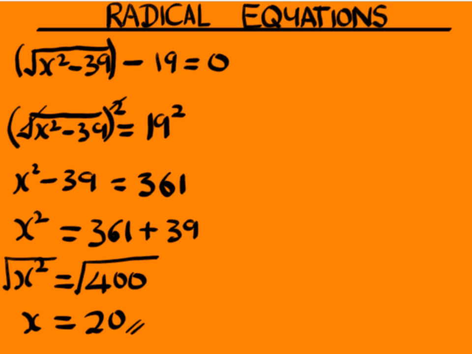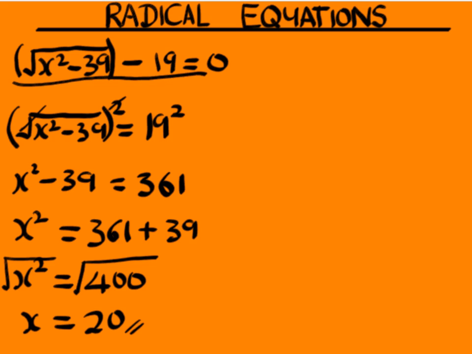Now the next step is to check if the value we got for our x satisfies the original equation. So our original equation was the root of x squared minus 39, minus 19 equal to 0. Let's see if it satisfies our original equation, such that wherever we see x in that equation, we substitute 20.